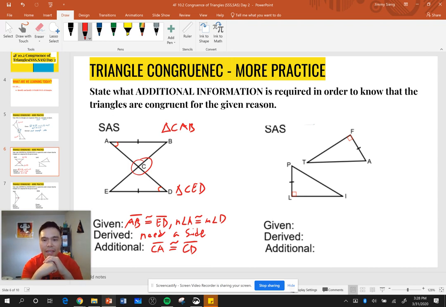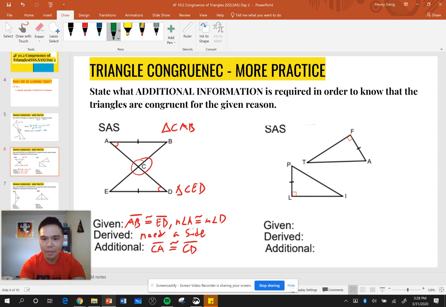All right, let's look at this next one. So I need to prove again side angle side. I have a side and I have an angle, but what I'm missing is a side, okay? By now you should kind of see that already, but I'm going to go ahead and write what's given to me.